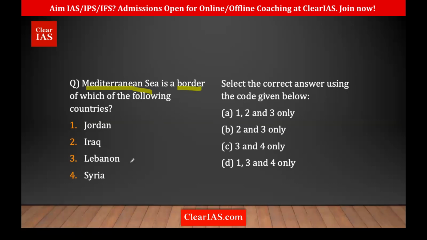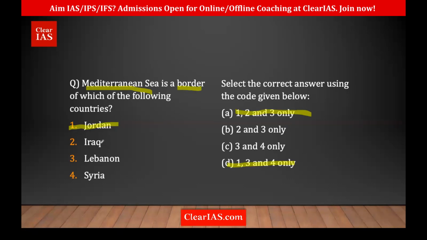When we studied this region, we saw Jordan. Jordan is not touching the Mediterranean Sea. It is actually lying far away. So Jordan would not be there, so we can eliminate Jordan. If we eliminate Jordan, we can eliminate 2 options: 1, 2, and 3, and 1, 3, and 4.